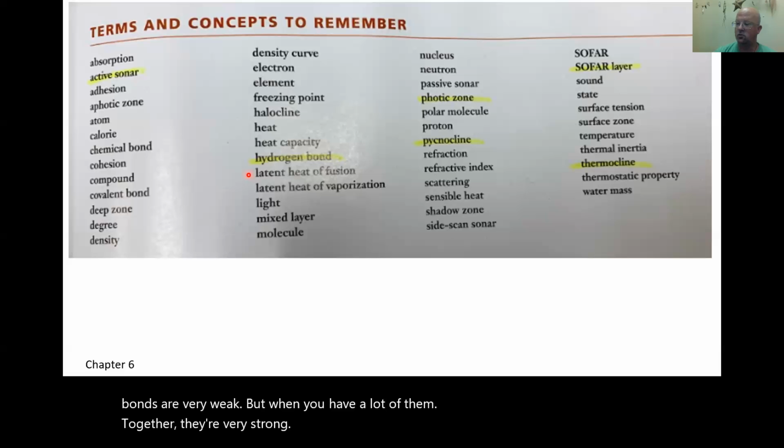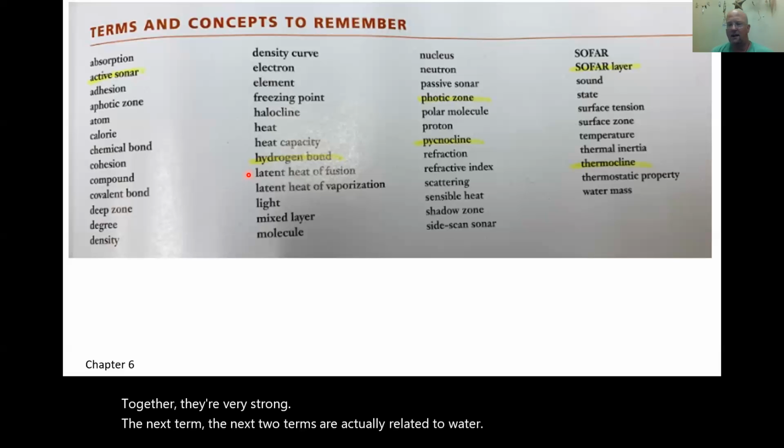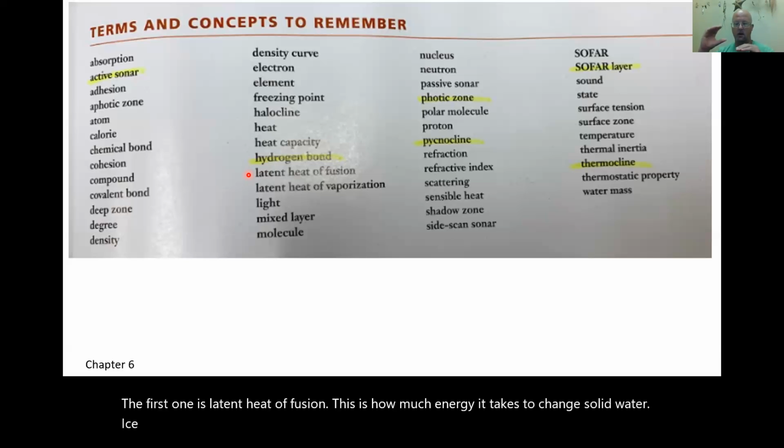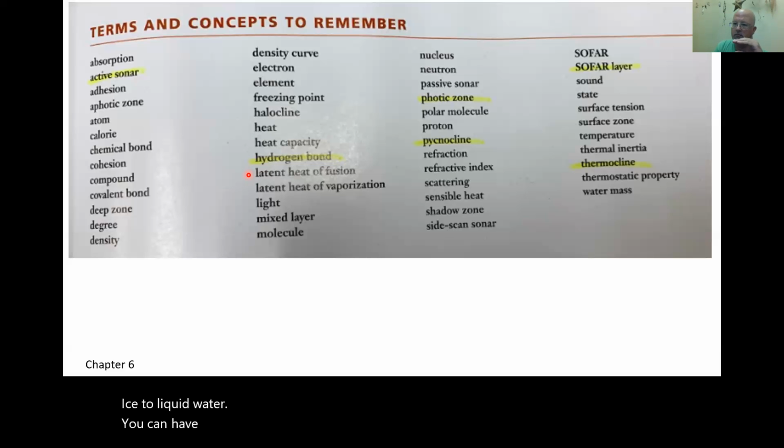The next two terms are actually related to water. The first one is latent heat of fusion. This is how much energy it takes to change solid water, ice, to liquid water. You can have 0 degree ice, and you can also have 0 degree water, same temperature.